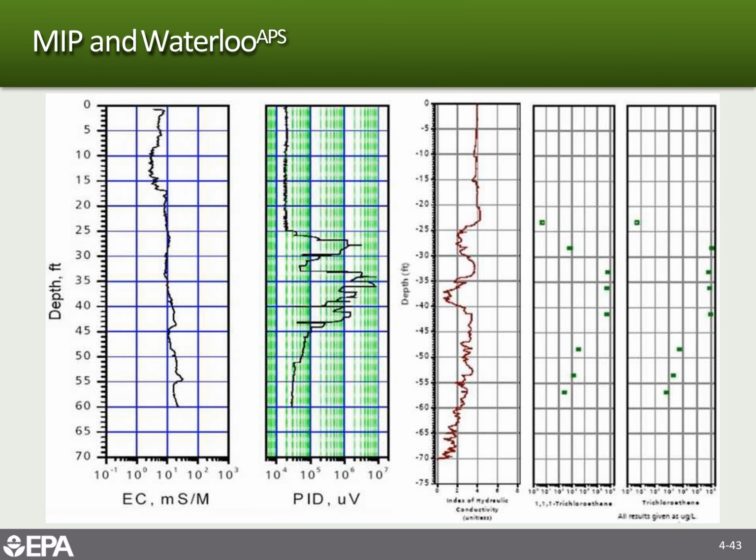So this is, again, a couple of logs set across from each other. The membrane interface probe data with the photoionization detector, the index of hydraulic conductivity from the Waterloo profiler, and then the concentration of TCE and 1,1,1-trichloroethane.